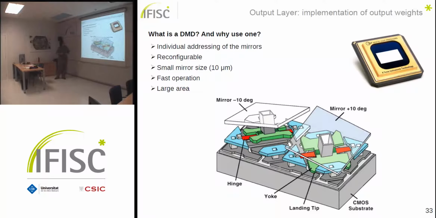This device consists of a two-dimensional lattice of tiny microscopic mirrors with a high reflectivity, and they can tilt to two angles. This is a diagram of two of them. For example, in this example, the mirrors can tilt to a position of plus 10 degrees or minus 10.